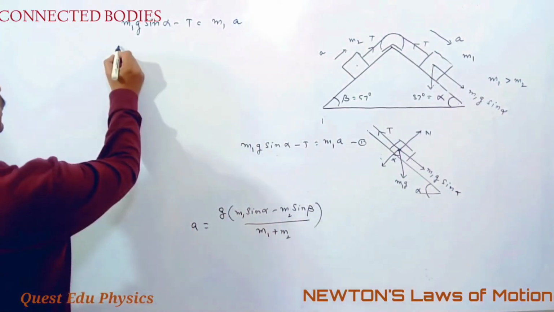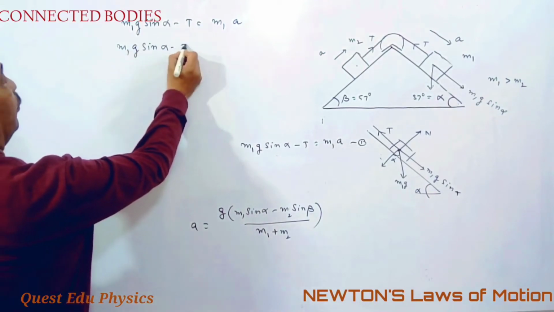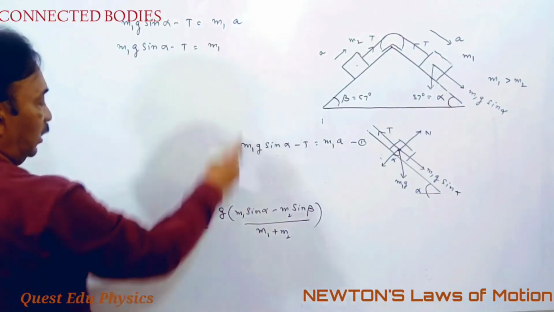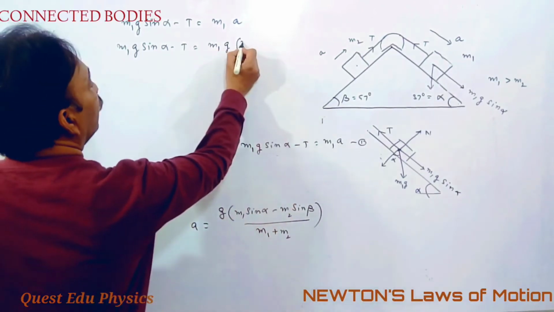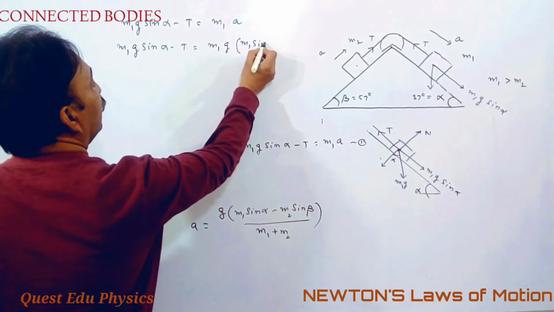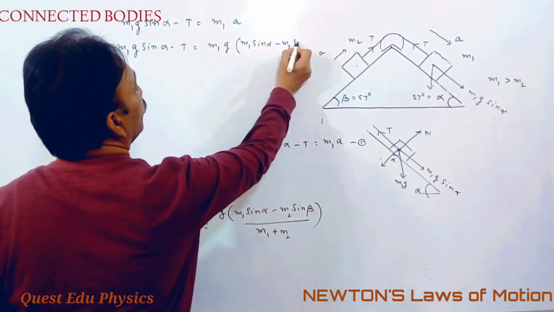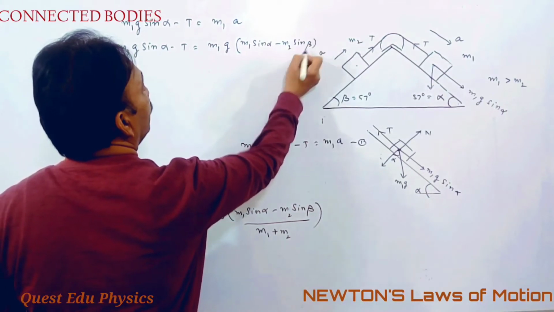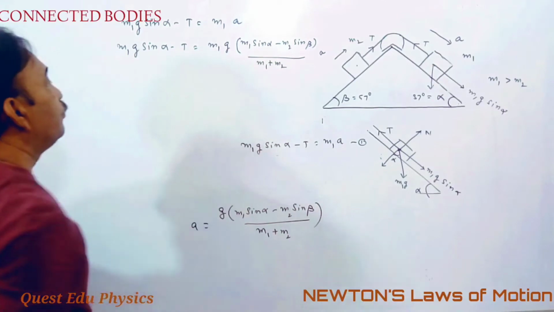Then it can be written as m1g sine alpha minus T is equal to m1 of g into m1 sine alpha minus m2 sine beta by m1 plus m2.